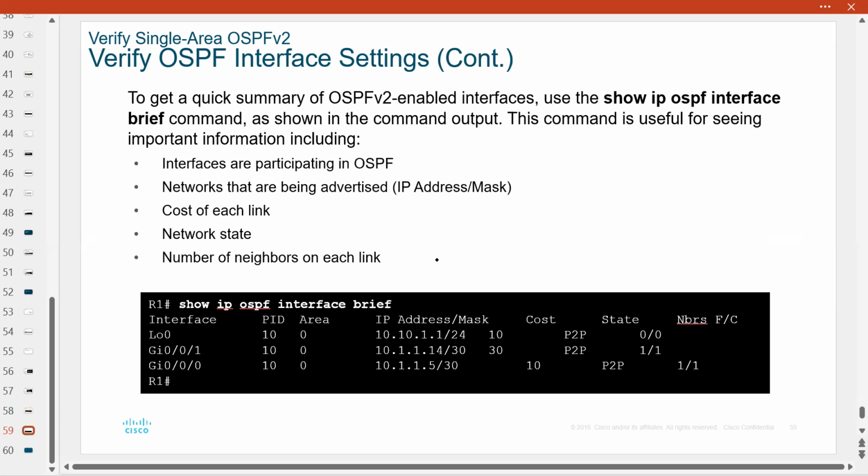Okay, the show IP OSPF interface brief shows which interfaces are participating, the networks being advertised, the costs, and the network states. In summary, it just depends on what information you want, and you need to know which show command to use for that specific information.